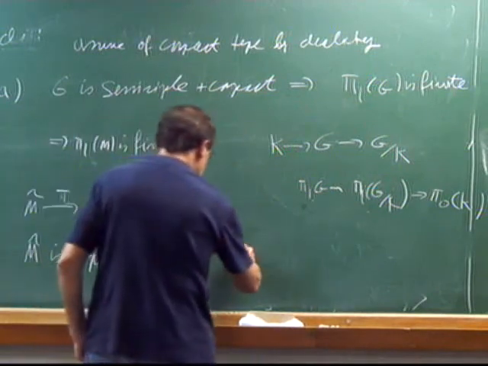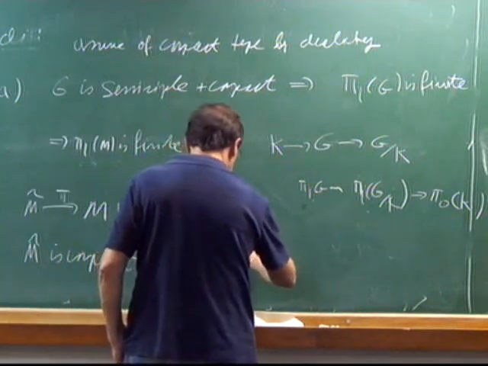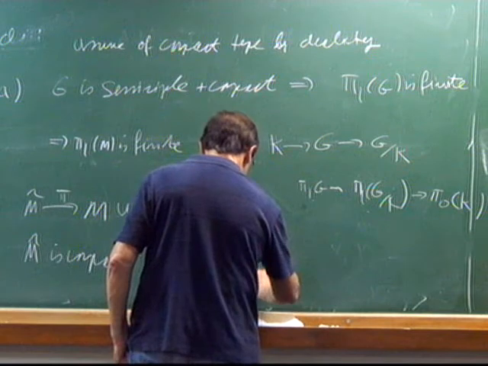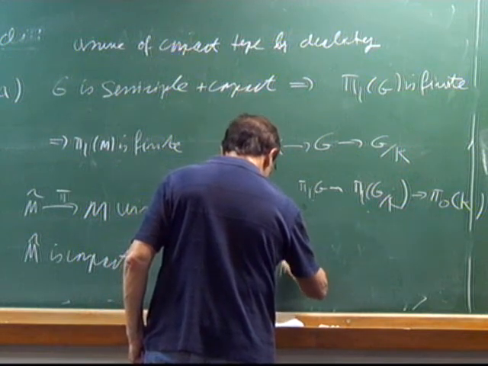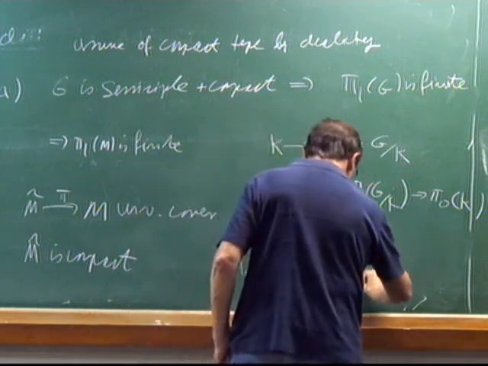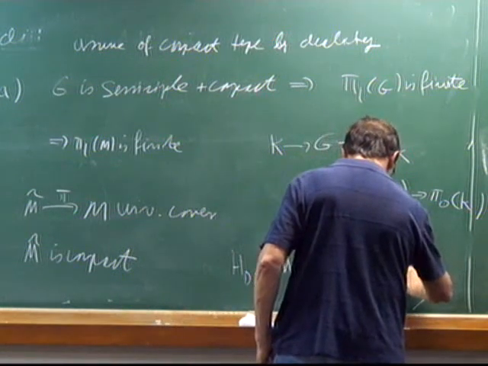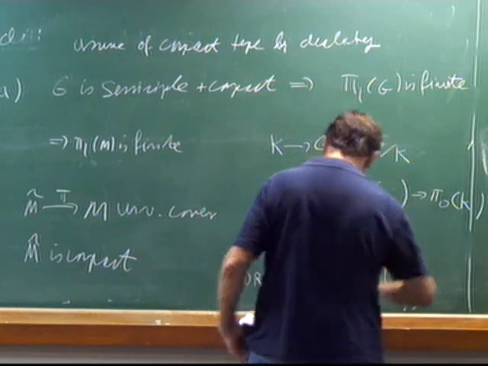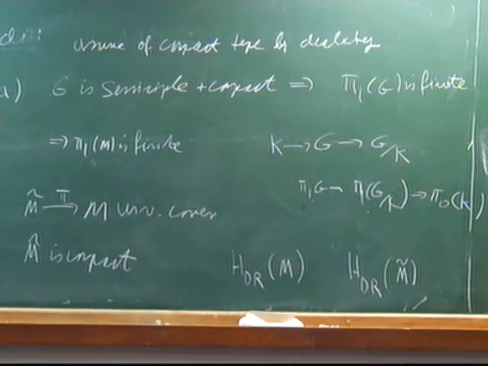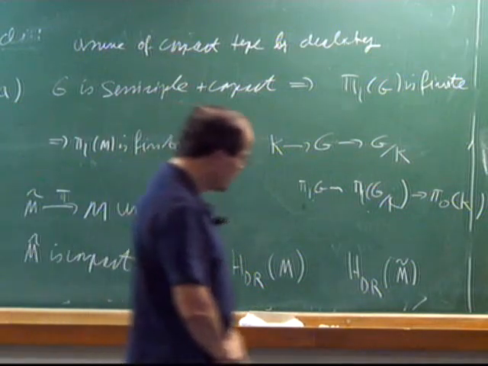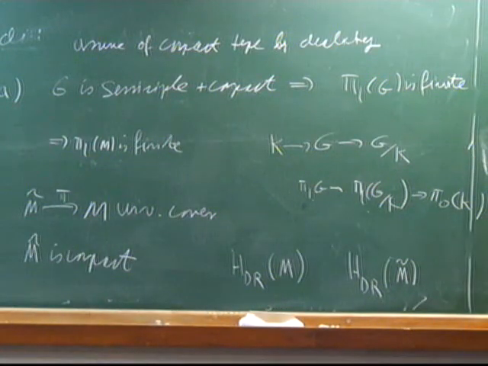How does the de Rham cohomology of M tilde and of M relate? Do you know that? The map is injective, yeah. You even say more than that. So that's enough for me.